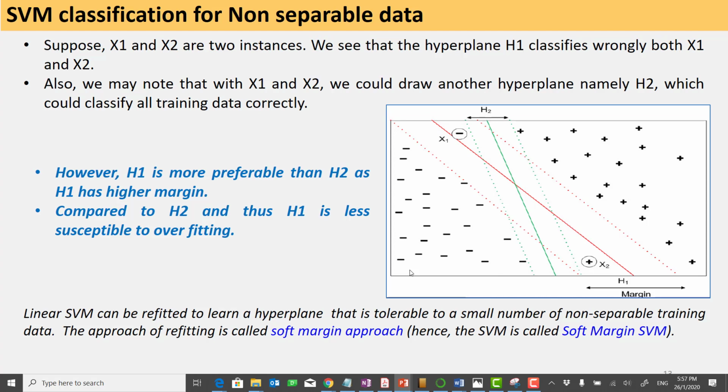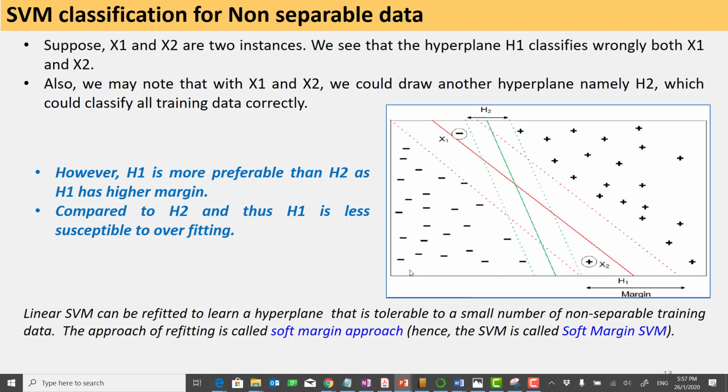This is where we have to understand the soft margin approach. H1 is more preferable than H2 because of its higher margin, that is for sure. Compared to H2, H1 is less susceptible to overfitting.